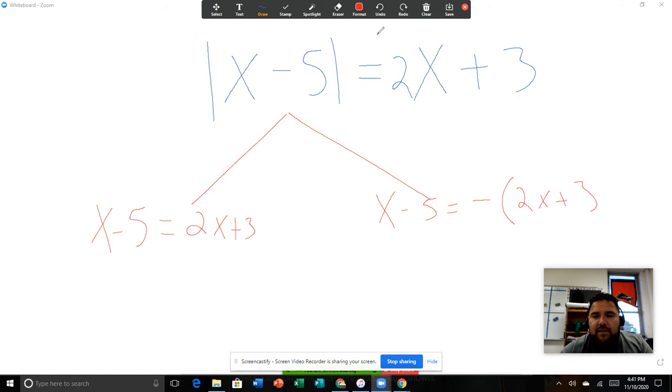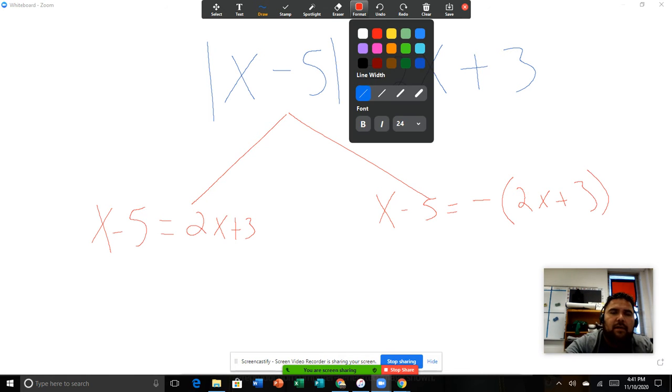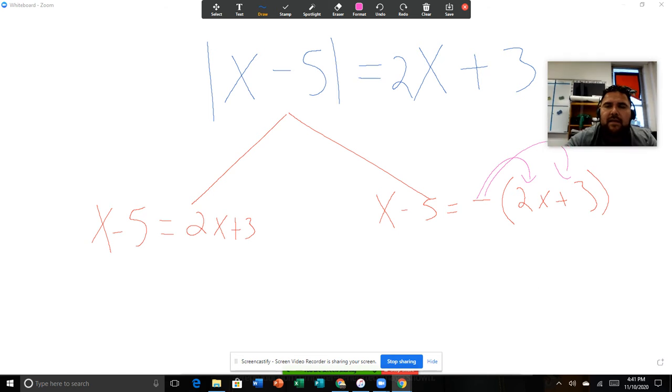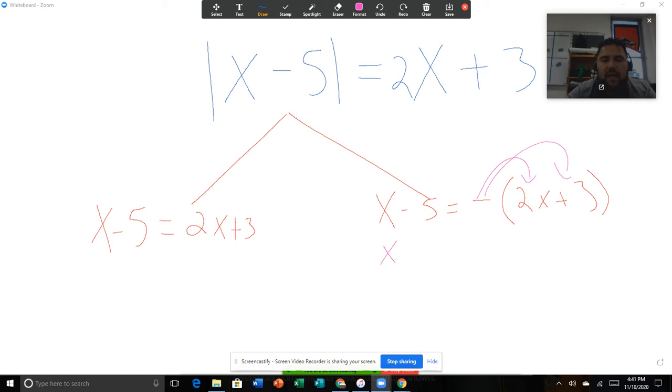This reminds me to distribute this negative 1 to both the 2x and the 3. So this becomes x minus 5 equals negative 2x minus 3. Now we have our two equations.